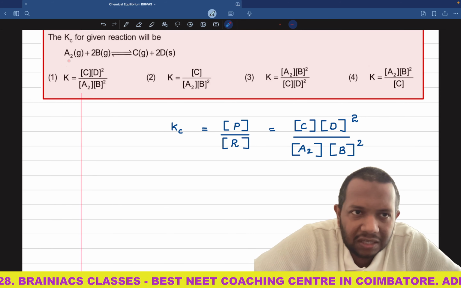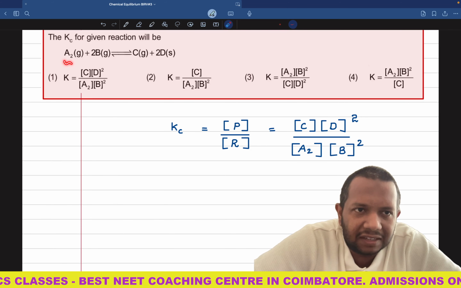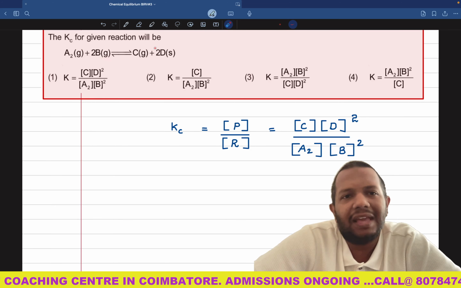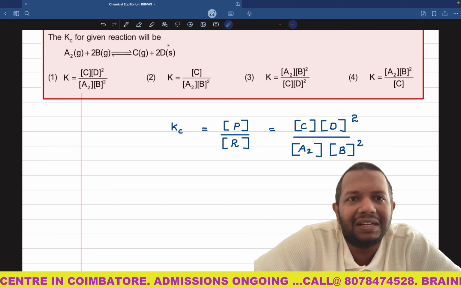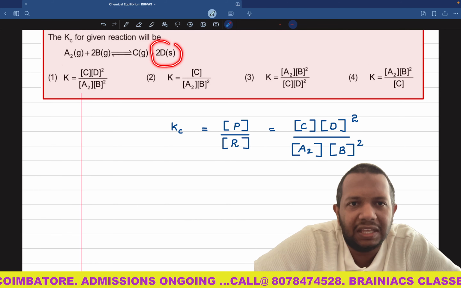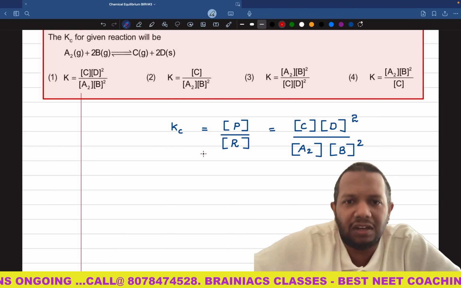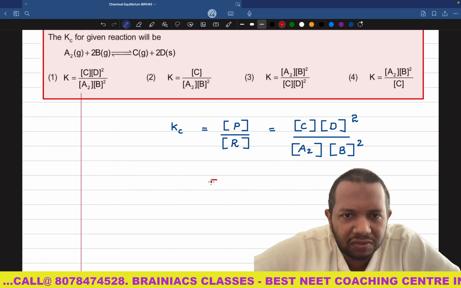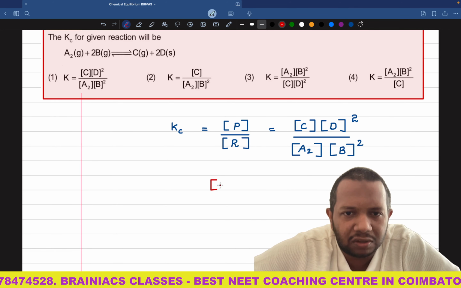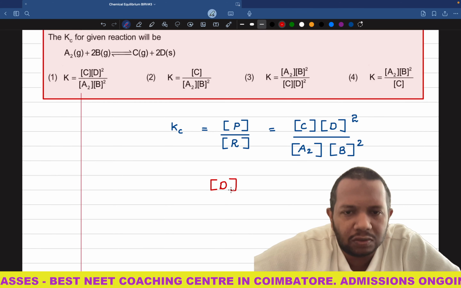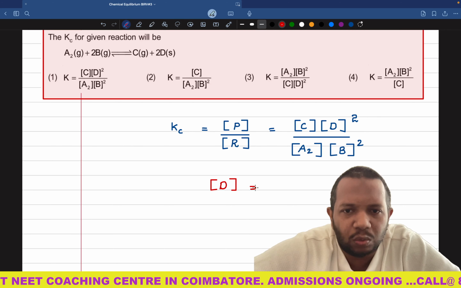Here A is a gas, B is also a gas, and C is also a gas, but D is a solid. So when solids are present, D is the solid, so its concentration needs to be taken as unity.